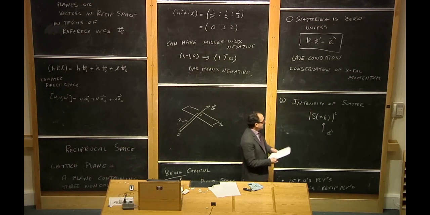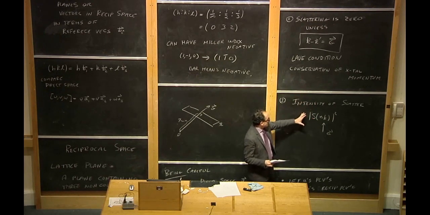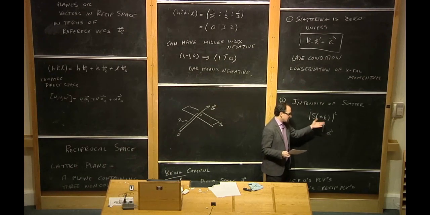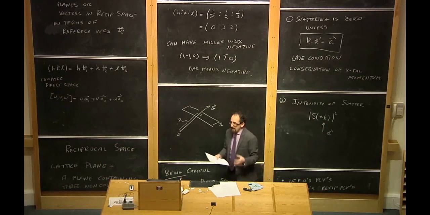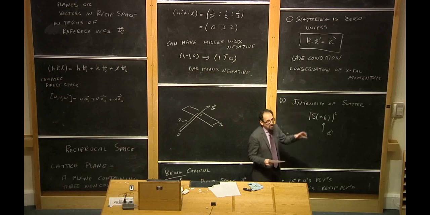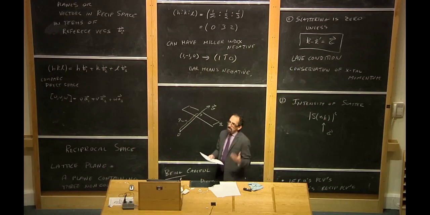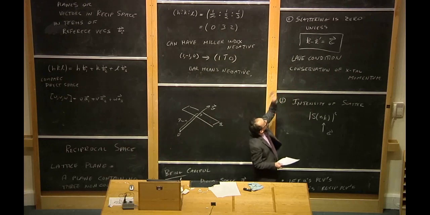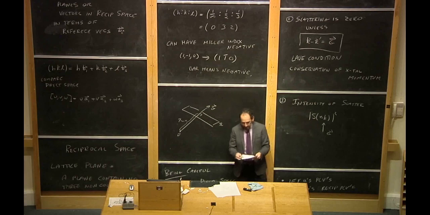So the point is that if you measure the intensity of the various scatterings, you can figure out the structure factor. What you're measuring is the structure factor at given reciprocal lattice vectors. The structure factor is the Fourier transform of the scattering potential, so in principle, by measuring what is scattered, you're actually measuring the scattering potential.